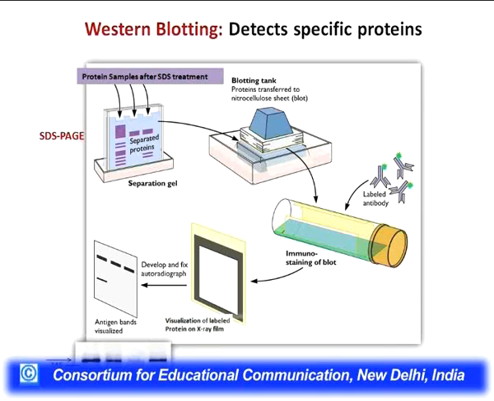From the gel, these separated proteins are then transferred onto the nitrocellulose membrane, and this nitrocellulose membrane is then incubated with the labeled antibody, which can be fluorescently labeled or radioactively labeled. The radioactively labeled antibody goes on to bind to specific portions of the nitrocellulose membrane where exactly the protein is present.